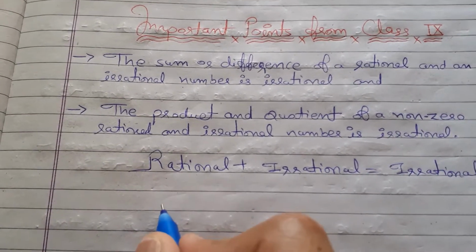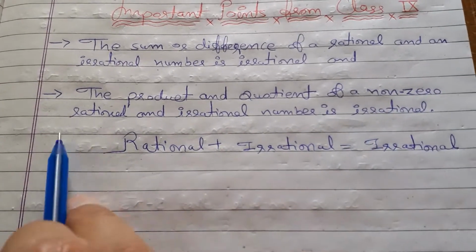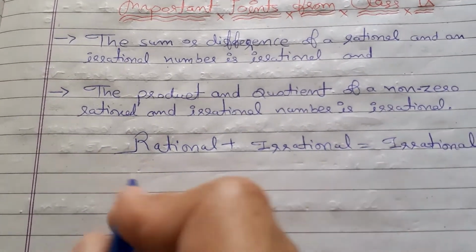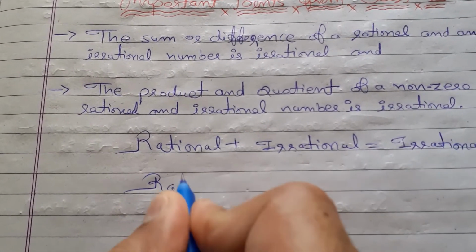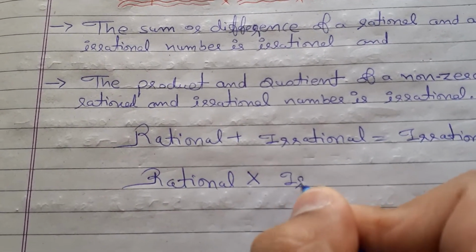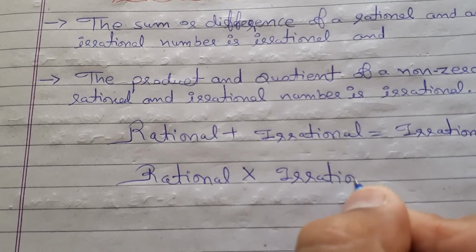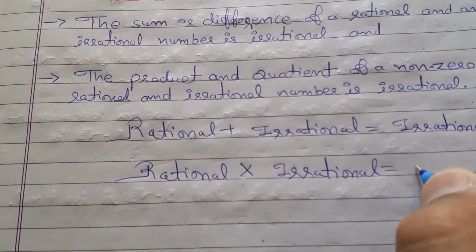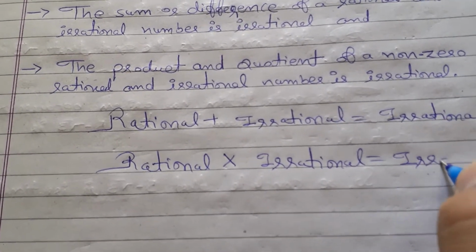Same way, the product and quotient of a non-zero rational and an irrational number is irrational. You can say that rational into irrational, the answer will be irrational. These two statements you have to remember, very important.